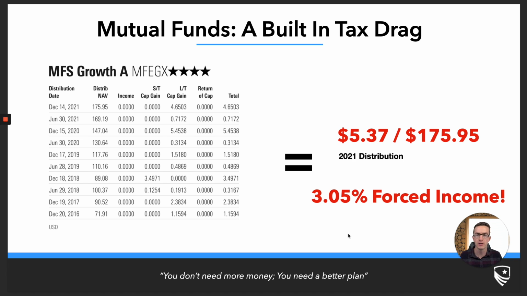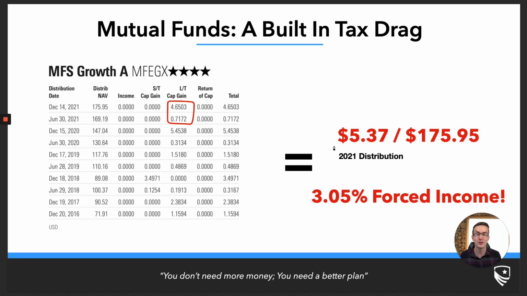And so we're just using a given mutual fund. You will notice across mutual funds, some are more tax efficient, some are less tax efficient. We're using one that's fairly middle of the road here, called MFS Growth Mutual Fund. This is a large cap growth mutual fund. In 2021, we see from its given distributions that it distributed a decent amount of long-term capital gains. The total amount of long-term capital gains is $5.37.